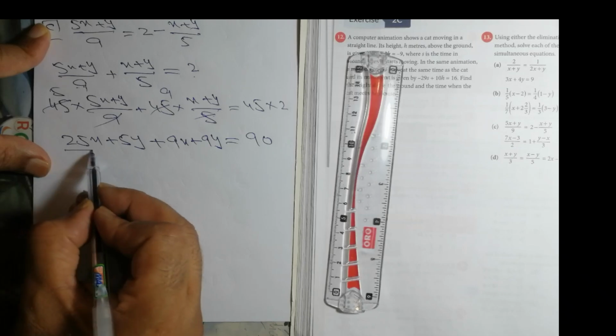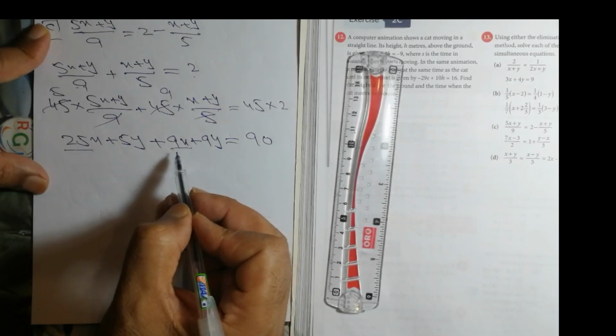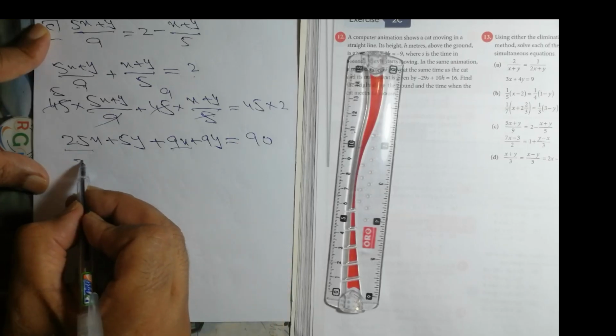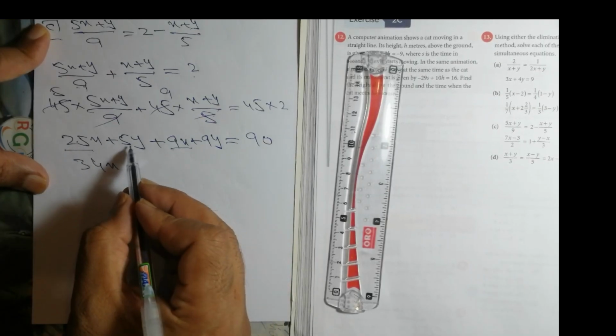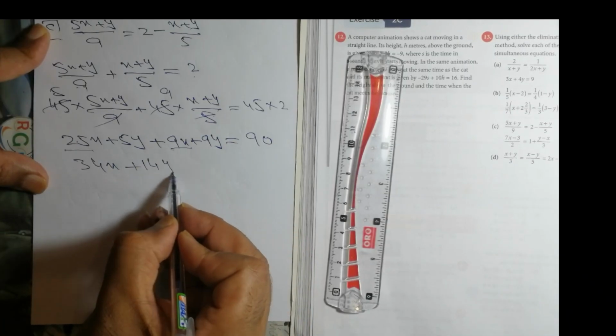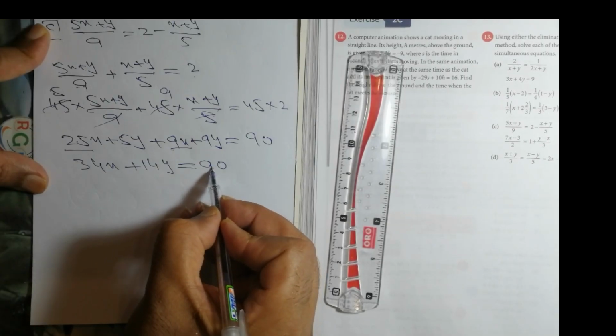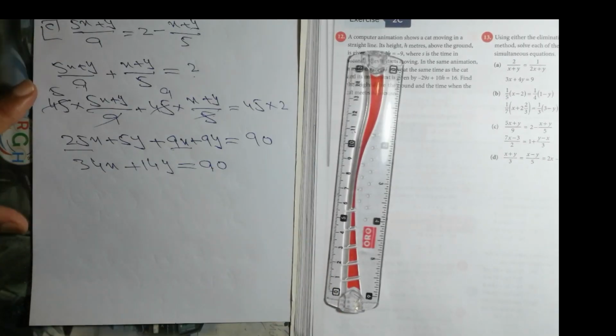Now 25x and 9x, these are like terms, we will add the coefficients. This is equal to 34x, 5y and 9y, this will be plus 14y and equal to 90. So this is equation number 1.